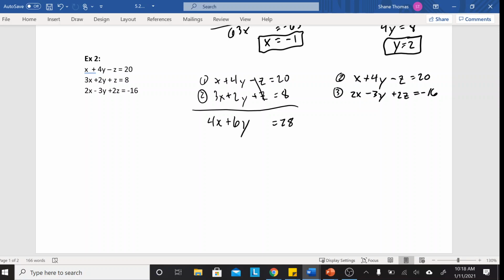So in this one, I have to do the same thing. To eliminate z, I think I can just multiply this first one by 2. If I multiply the first one by 2, I'm looking at 2x plus 8y minus 2z equals 40.